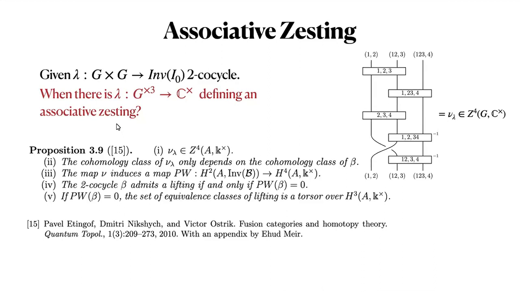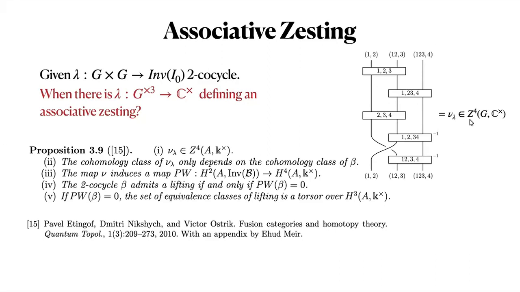But one of the things that we did was to describe explicitly the obstruction just in terms of the 2 co-cycle. So in terms of the 2 co-cycle, you can construct this 4 co-cycle. Now, recently I realized that this 4 co-cycle was already known to some physicists, because this corresponds exactly to the fourth obstruction when you study G-crossed braided categories, when the action doesn't permute the simple objects.